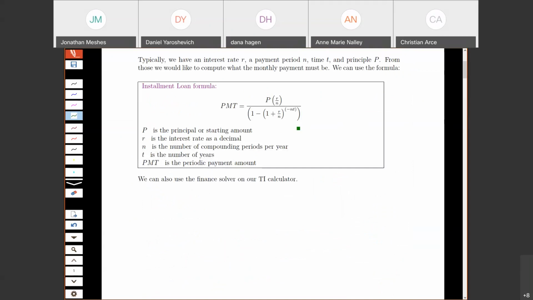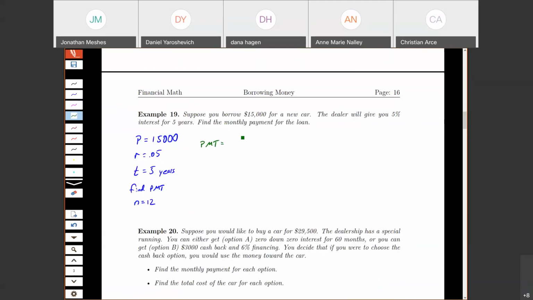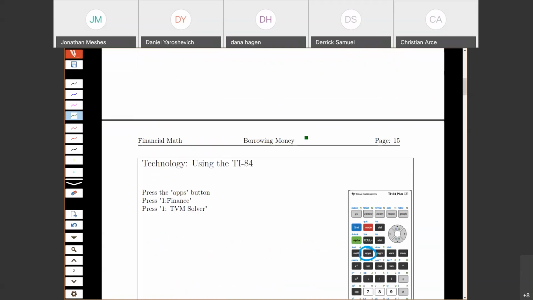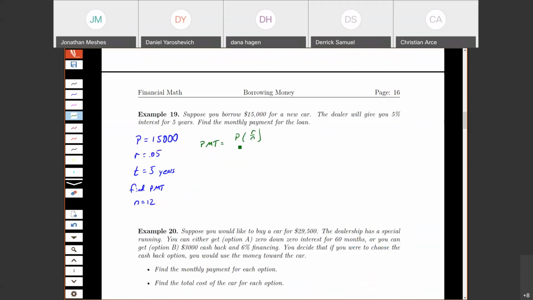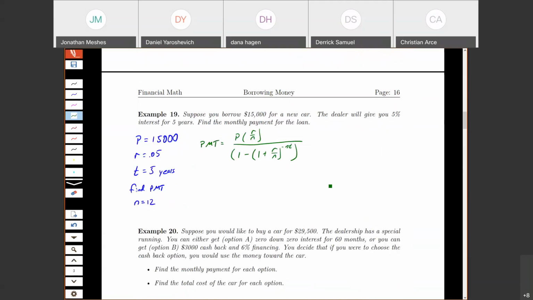That's not really helpful for you in life anyway. Okay, so we have P R over N in the numerator, and then in the denominator we want to put in parentheses, 1 minus, parentheses, 1 plus R over N, to the negative NT. Okay, I think I got that all right.